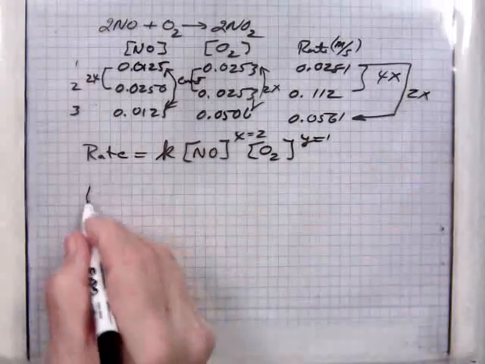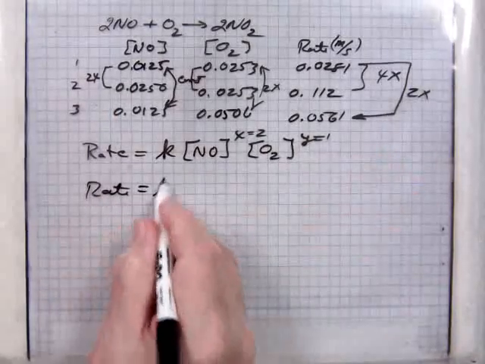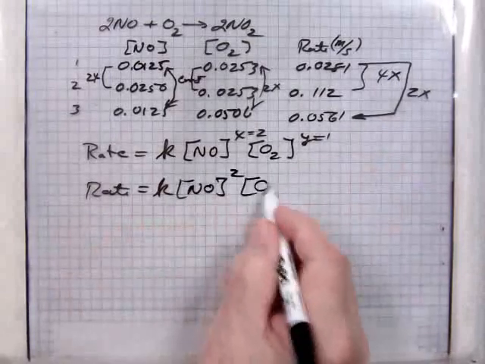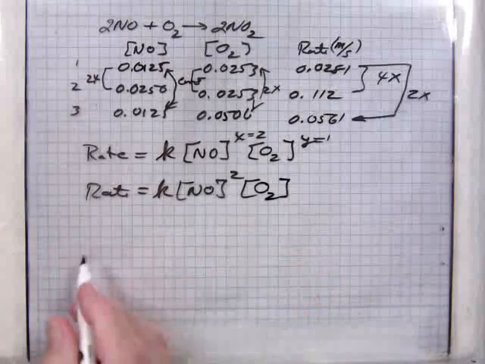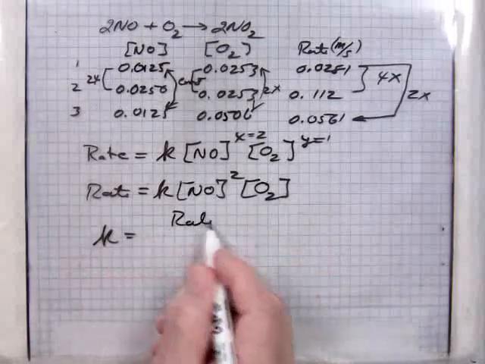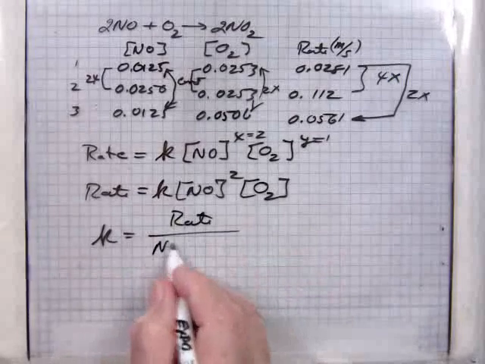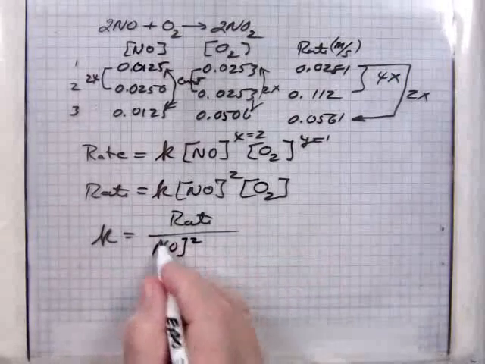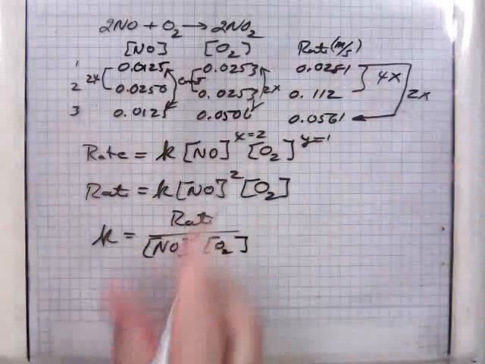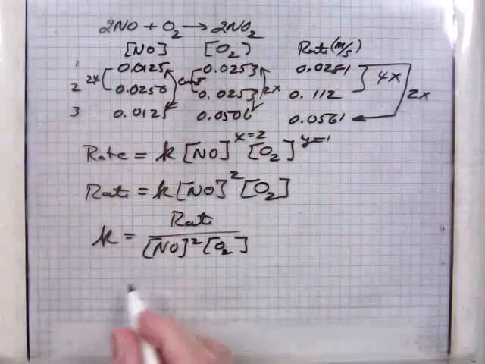So now we have rate equals k NO squared O2 to the first power, and k is equal to rate over NO squared and O2. We pick a row, pick number 3 if you wanted to.